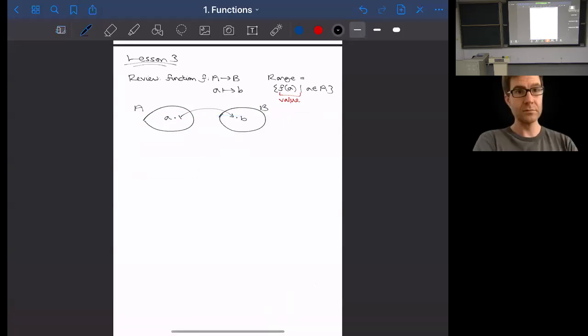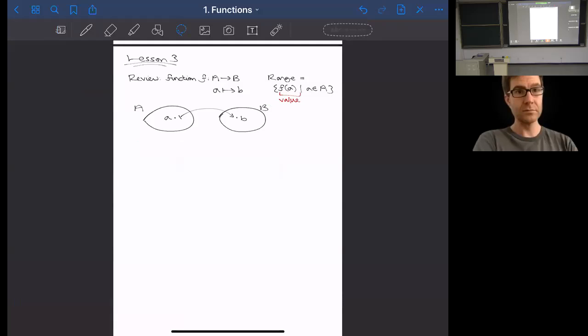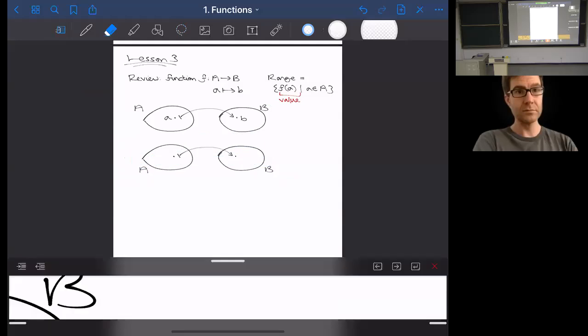And then we can think of the range like this.